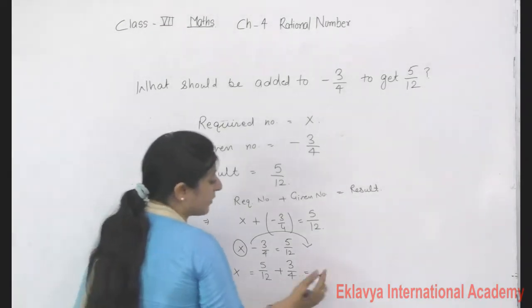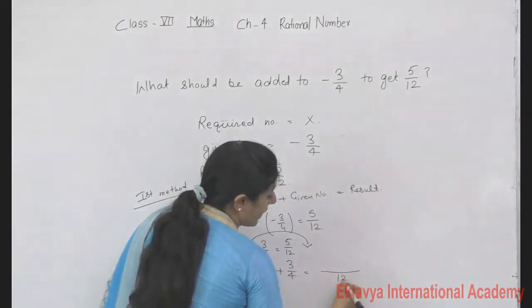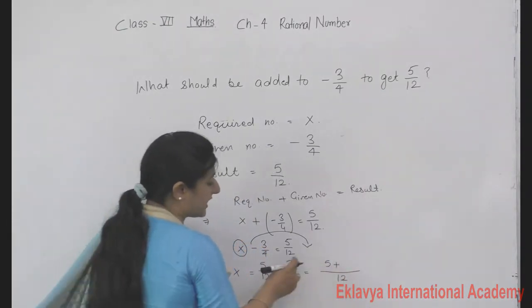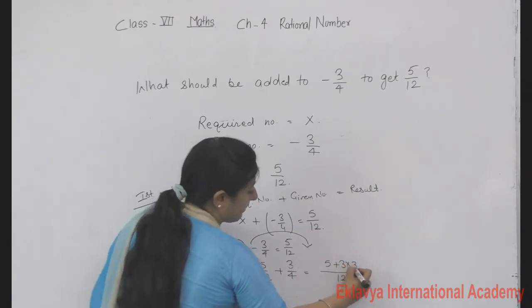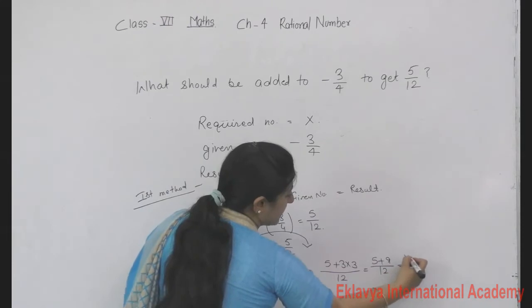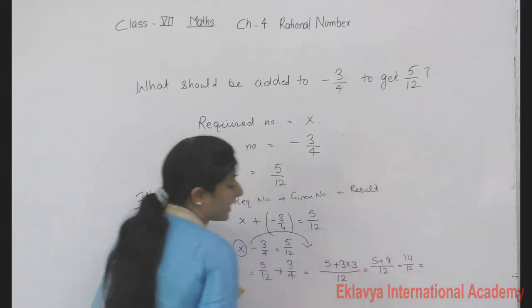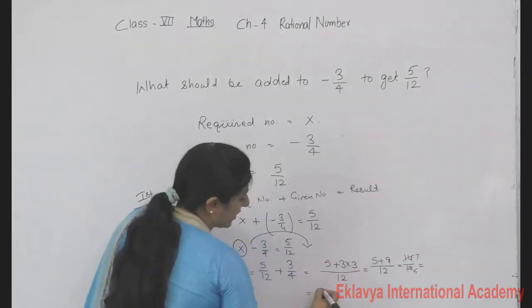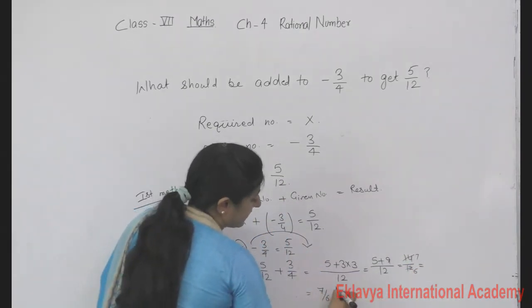What is the LCM of 12 and 4? Obviously 12. Then it becomes 5 plus 4 3s are 12, 3 3s are 9. It becomes 5 plus 9 divided by 12, that is 14 by 12. Cut it. 2 7s are 14, 2 6s are 12. Then your answer is 7 by 6.